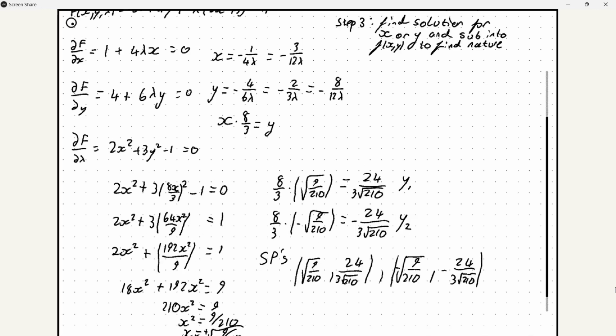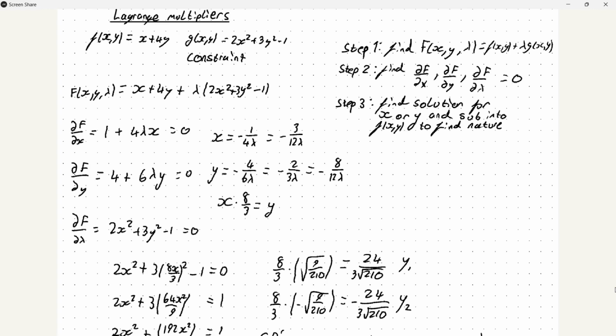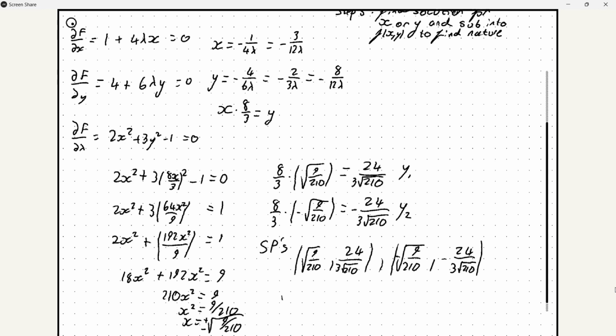Then finally, we will sub them into the original equation, which was x plus 4y. So we'll do x plus 4 times this y here equals, I already know there's going to be a positive number, but I will put it into the calculator. Okay, so it's getting me a decimal number, so it's not very nice, but it's something along that.